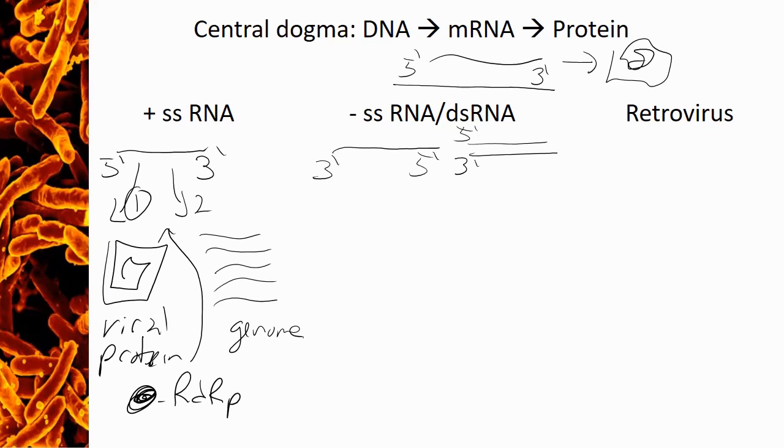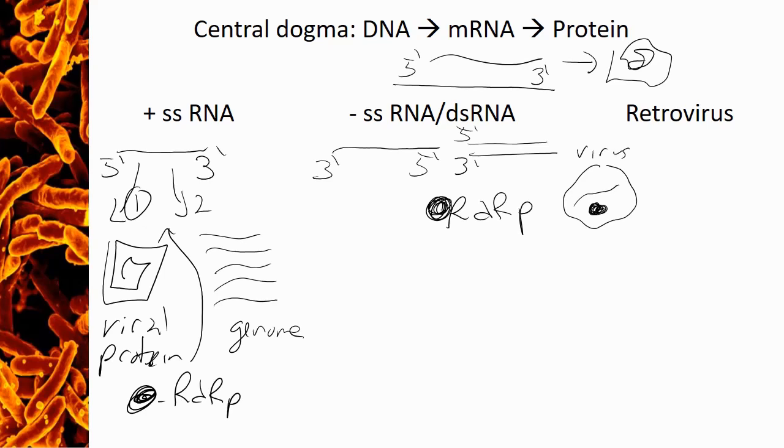Instead, for these two types of viruses, along with the genome, they also have to bring that RDRP enzyme packaged into the virus itself with them. So if we look at the virus of those, we would have a capsid, we would have the genome, and we would have that RDRP all within the virus itself.